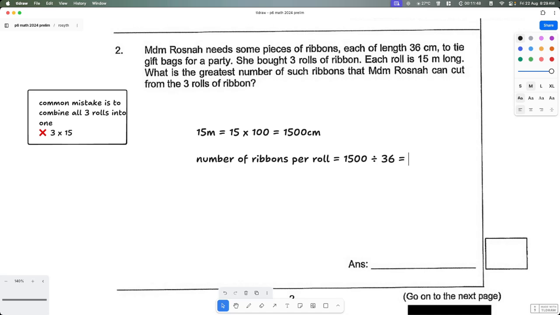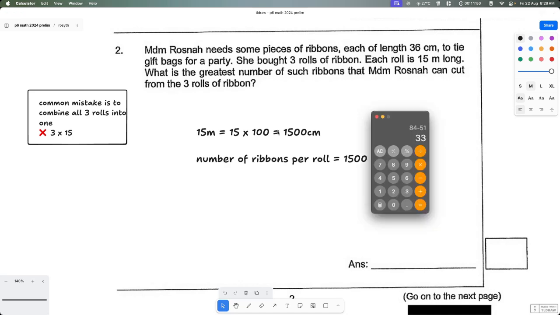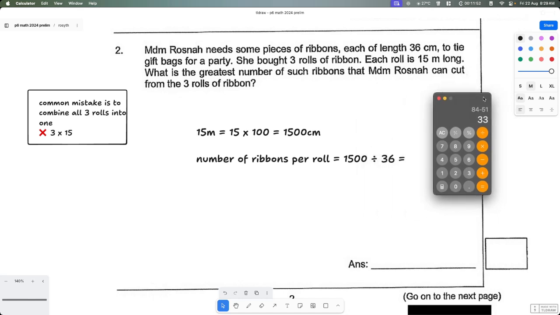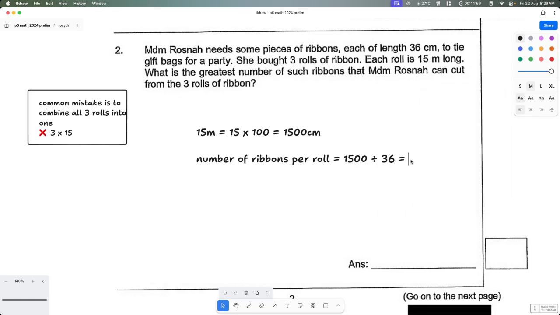Let's use the calculator. 1500 divided by 36 will give you 41.666. So you need to round down, and this will then become 41.